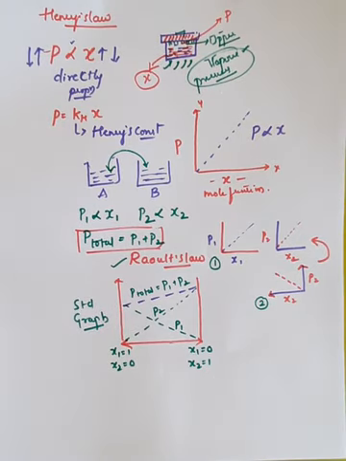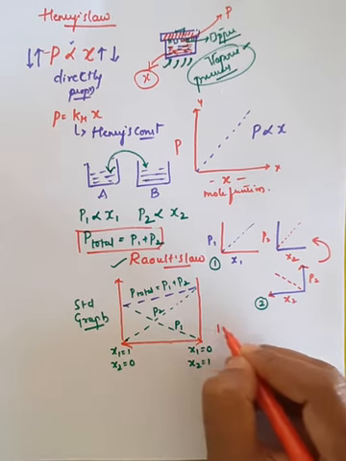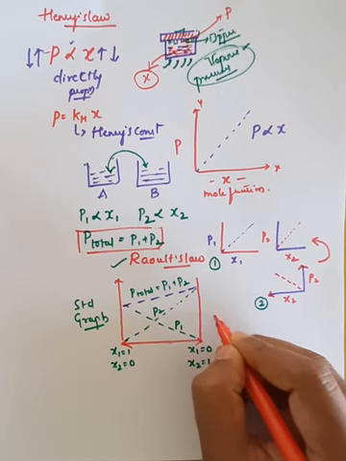Whenever you calculate the experimental values for Raoult's law, there are two possibilities. Whenever you get a higher value compared to the standard value, that is called positive deviation, and whenever you get a lower value, that is called negative deviation. I will explain the first one, case 1.